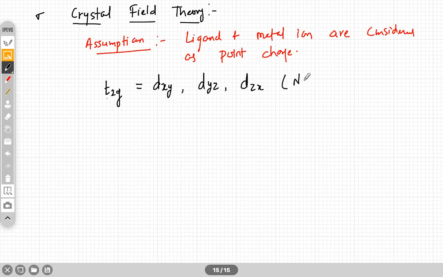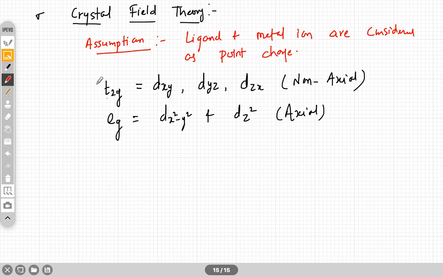These are non-axial orbitals. Axial orbitals are called eg orbitals, for example dx²-y² and dz². These are axial orbitals.